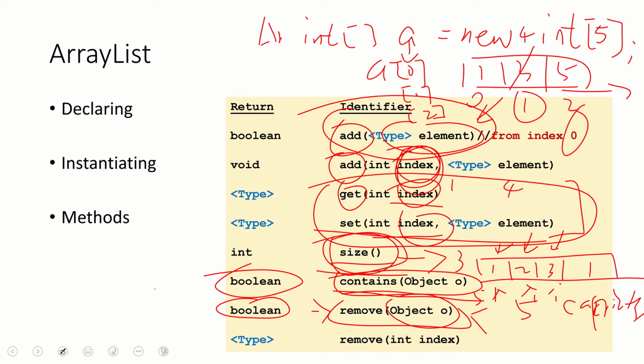If no, we cannot remove it and return false. It's very similar to contains. Sometimes we can use them at the same time using the same logic. If you want to do something like contains, this is another way that can help you do this.